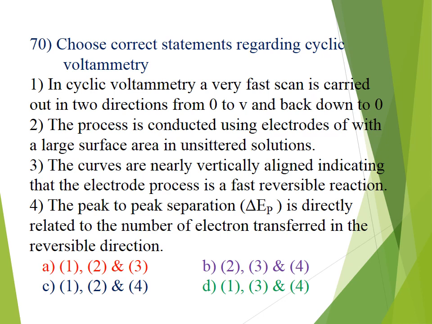The curves are nearly vertically aligned, indicating the electrode process is a fast reversible reaction. 4. The peak-to-peak separation delta E is directly related to the number of electrons transferred in the reversible direction. Here, the correct statements are 1, 3 and 4. Therefore, option D is the correct answer.